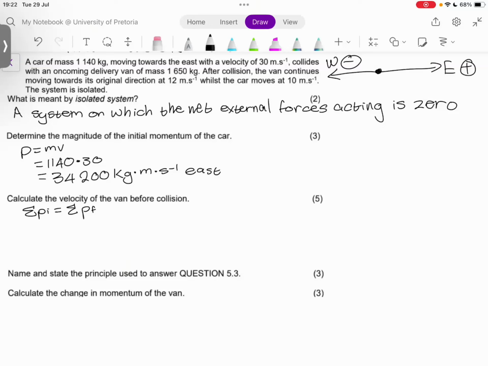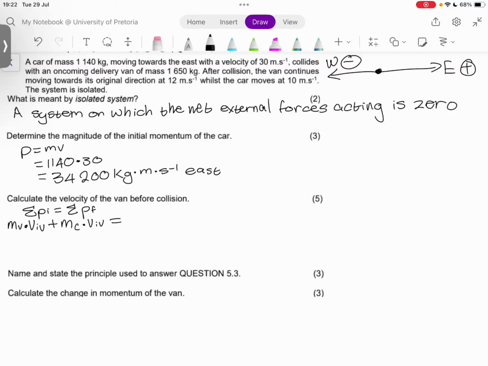So after I've written what I've written, let's get to expanding what we have. On the left-hand side, we will have the mass of the van times the initial velocity of the van plus the mass of the car times the initial velocity of the car.